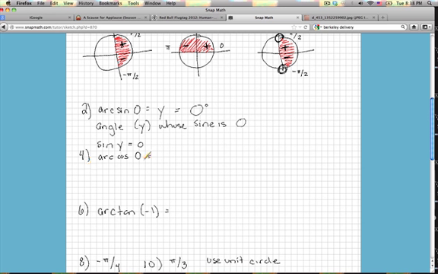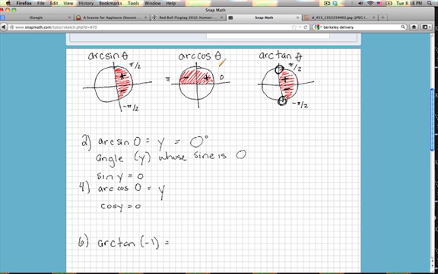Let's go ahead and try number 4. The arc cosine of 0, let's again call that y, is the angle whose cosine is 0. Or if you need to rewrite it, cosine y is equal to 0. We're going to go up to our picture for arc cosine and look for the place highlighted in this picture where the cosine would be 0. The cosine is another name for the x-coordinate, and the sine is another name for the y-coordinate.